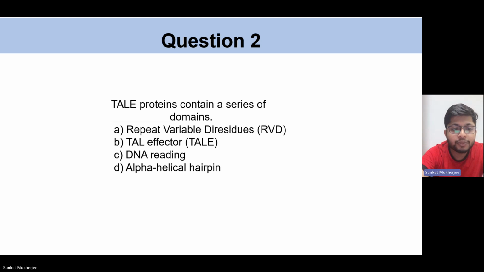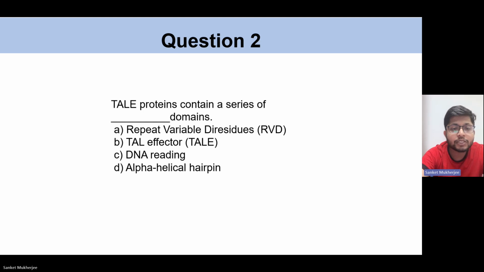So the answer would be alpha helical hairpins. These are the 34 amino acid repeats which are present in the TALE molecule. And among these repeats, the 12th and 13th residues are called the repeat variable diresidues, RVDs, that are important only for the specificity of this DNA binding domain to bind to a specific sequence. But these repeats are actually alpha helical hairpin repeats.